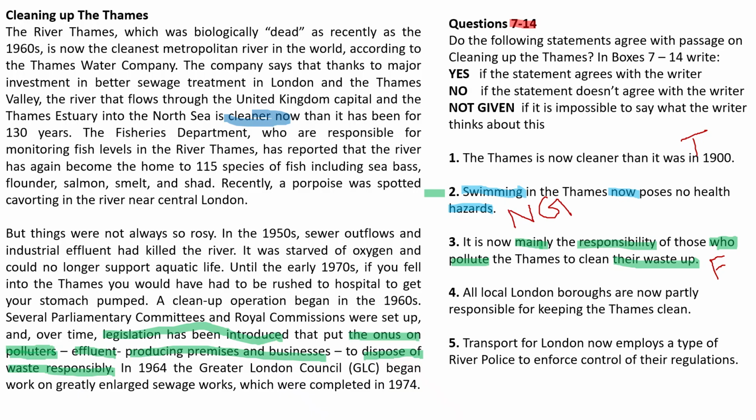Now where did we find the answer? We found the answer here somewhere. It says cleaner now. So now I'm going to explain what chronological order is. The first answer we found in this sentence.